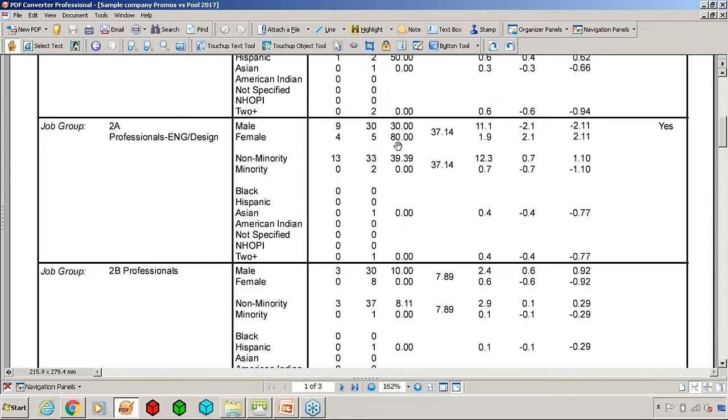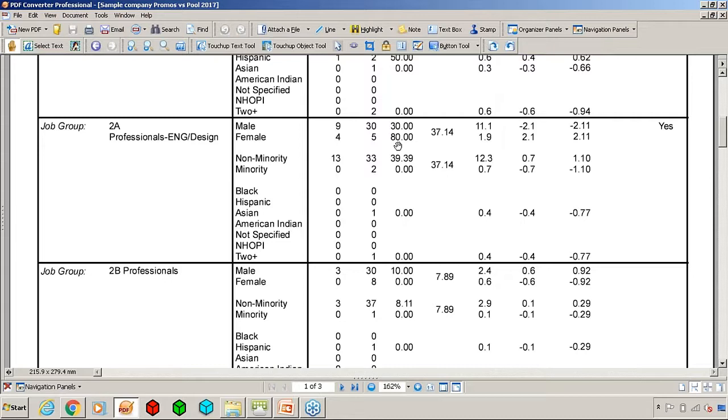So in this particular case, and this happens now and again, this is a company that really had very low headcount for female engineers. So they kind of pushed and really did some additional recruiting, and they had 5 qualified female engineers, and they ended up hiring 4 of them. They had a placement goal for females for engineers.